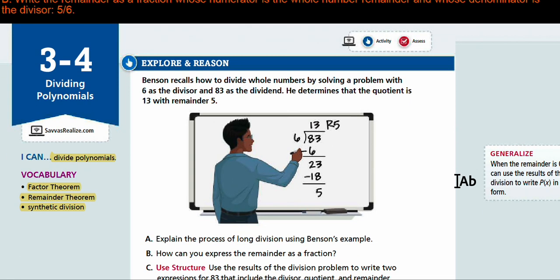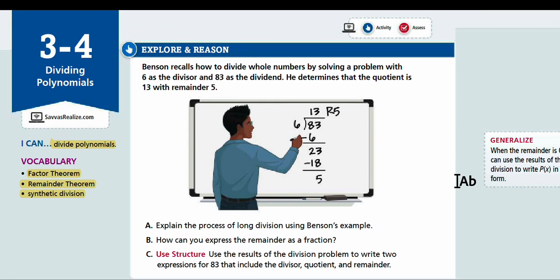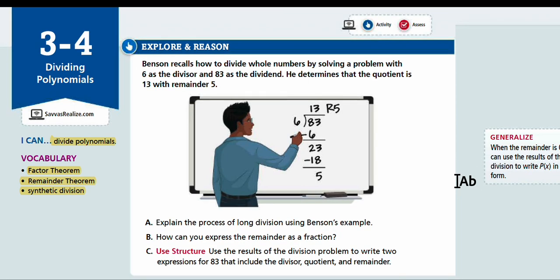Part C. Use the results of the division problem to write 2 expressions for 83 that include the divisor, quotient, and remainder. So how can we rewrite the equation for 83 where we use all these numbers, the quotient, divisor, and remainder? So again, we can say that 6 times 13 plus 5 would be 83, or 6 times 13 and 5 over 6 would also be 83, right?